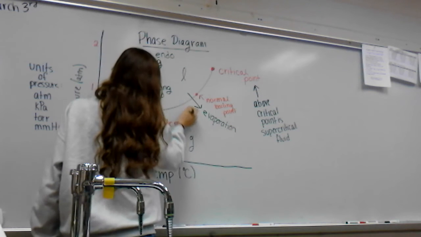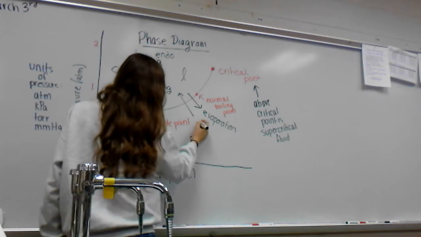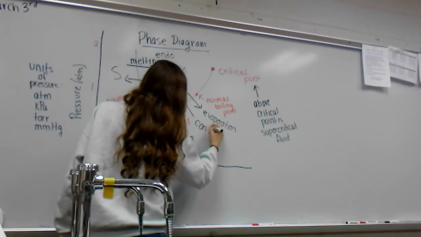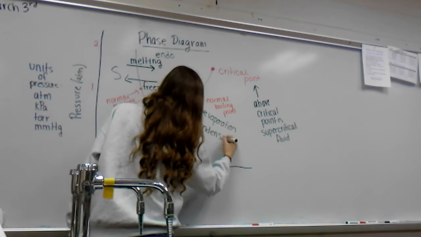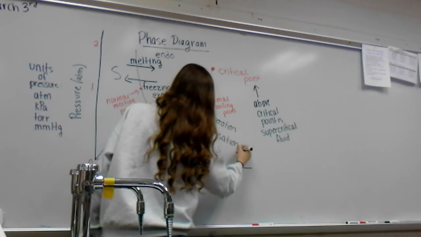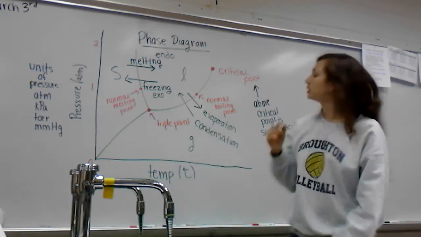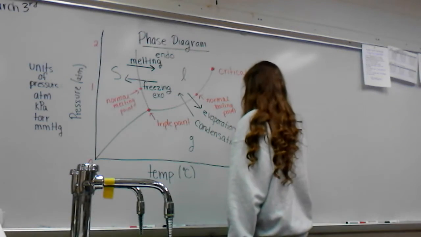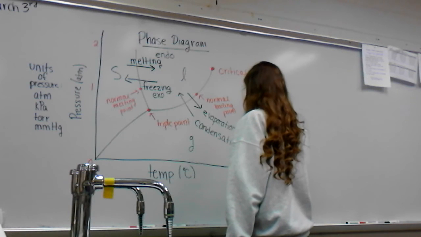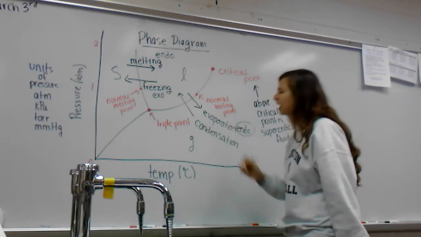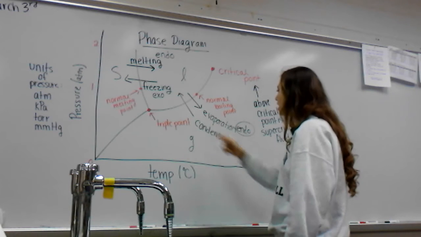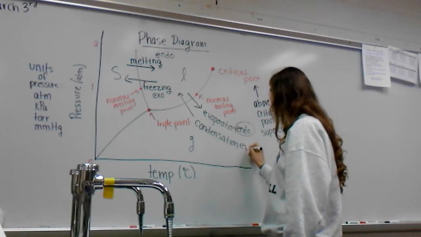As we go from gas to liquid, this is known as condensation. Now evaporation is going from a liquid to a gas, so this is our endothermic phase change. Condensation is going to be exothermic.